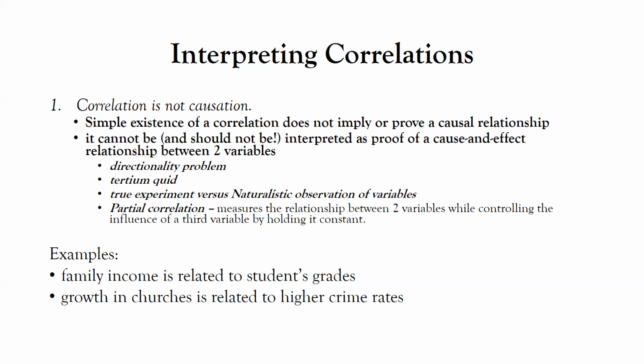So some examples I have said: family income is related to students' grades does not mean that family income causes students' grades. We don't need to go purely and strictly quantitative to know this. From a qualitative, humanistic perspective, we know that there are exceptions to this correlation, and therefore it's not really a very valuable causal statement.